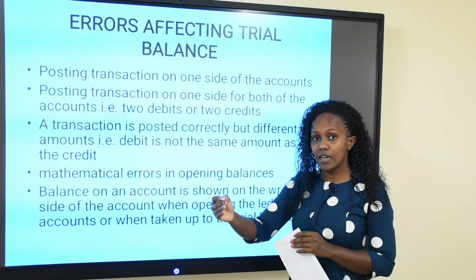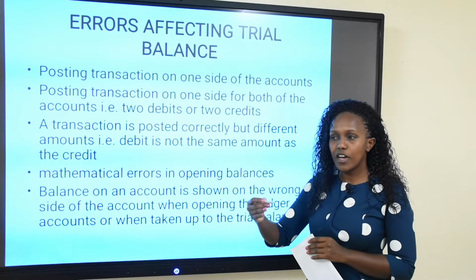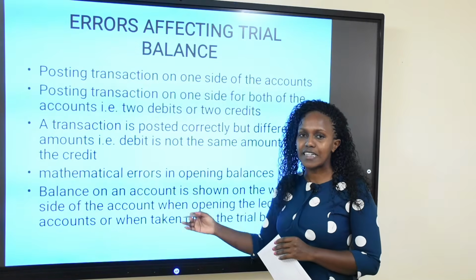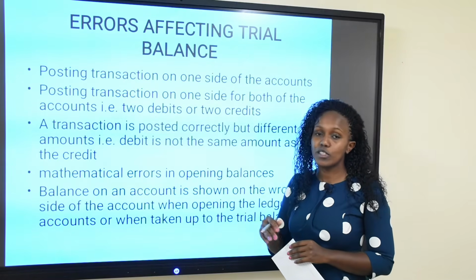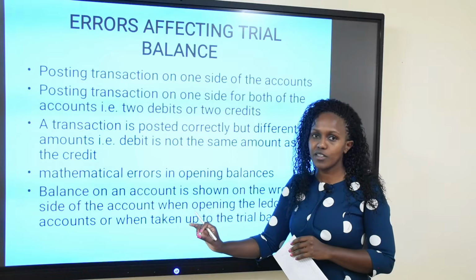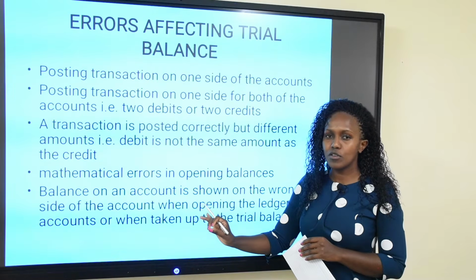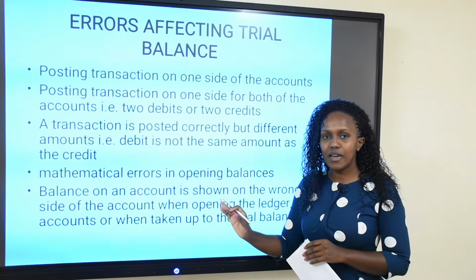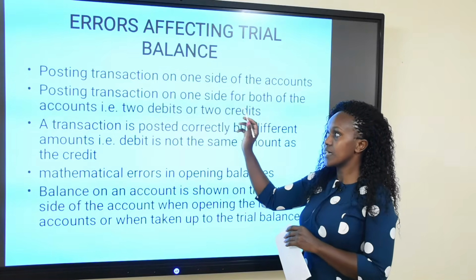Instead of debiting one account and crediting another account, both of the accounts are debited or both of the accounts are credited, so that the transaction ends up being posted on one side for both accounts. Eventually this is not going to let our trial balance agree. So we're going to find that the trial balance does not agree. Now we need to correct that.